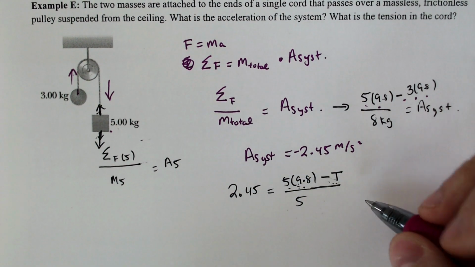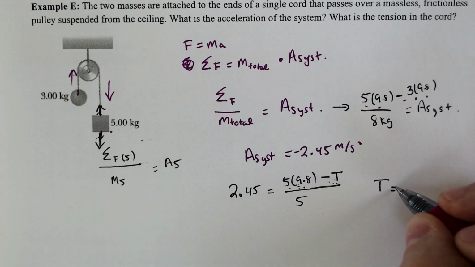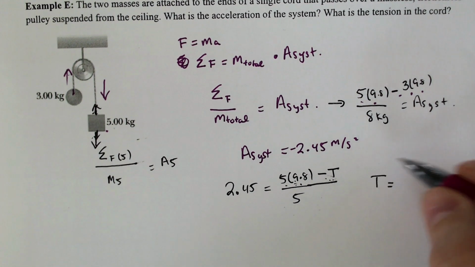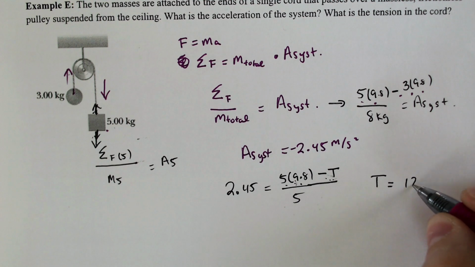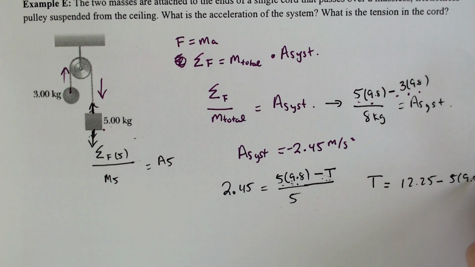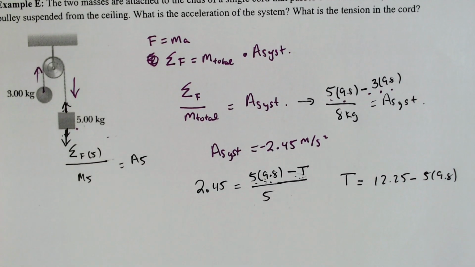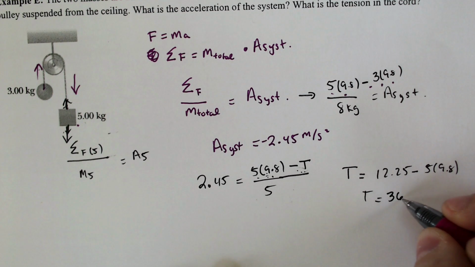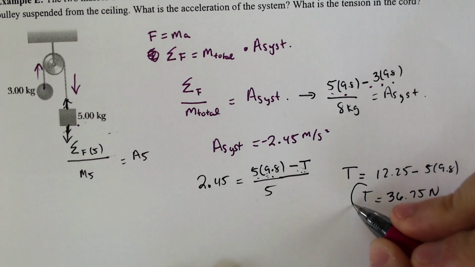And if we solve for this, you'll find out that the tension is equal to 5 times 9.8 minus 5 times 2.45, which is 12.25. You would end up with the tension equal to 36.75 newtons.